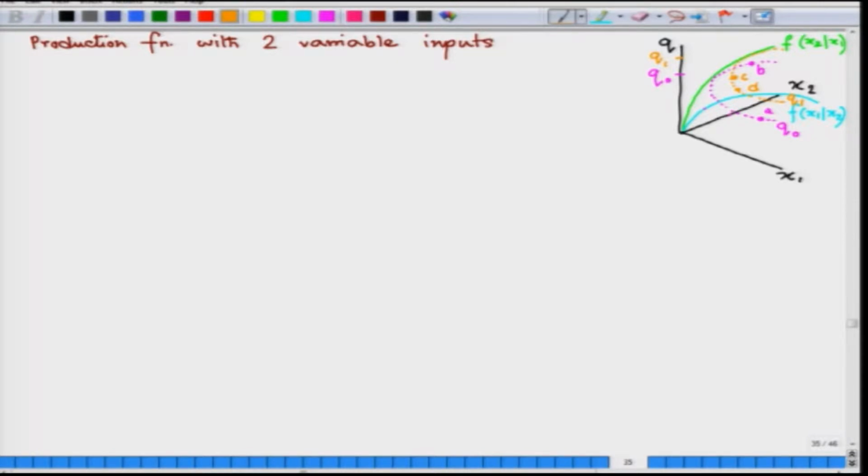Now let us have a formal definition of isoquant. Isoquant or isoproduct curve is the locus of all technically efficient production processes.